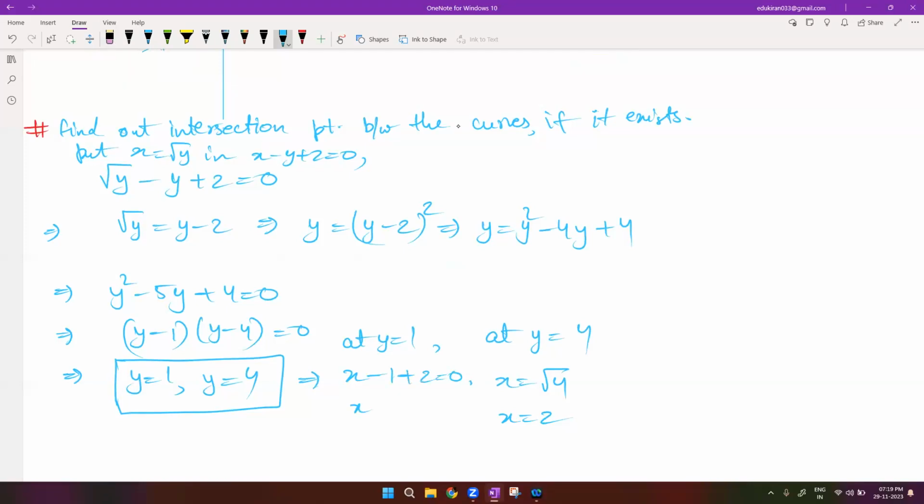So your value of x will be, if you observe, minus 1 plus 2 will be plus 1. So the value of x will be minus 1. And similarly, you can find this value also. So in this case, x minus 4 plus 2 is equal to 0, right? So this will be x is equal to 2.